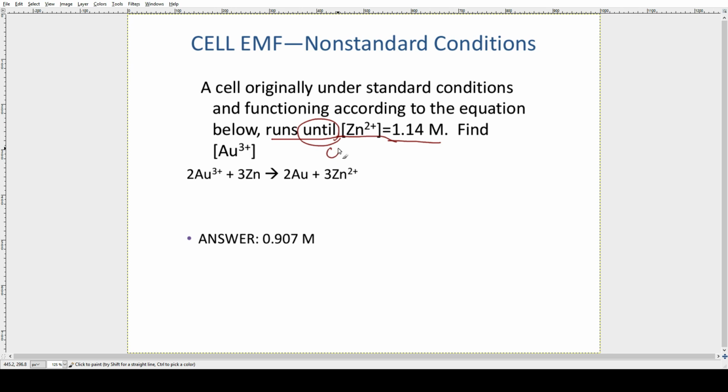The cell is dead. So what does that mean about E? What is E equal to if the cell is dead? It's equal to 0 volts. This is something you want to learn to recognize. Our goal is to figure out the concentration of our gold.